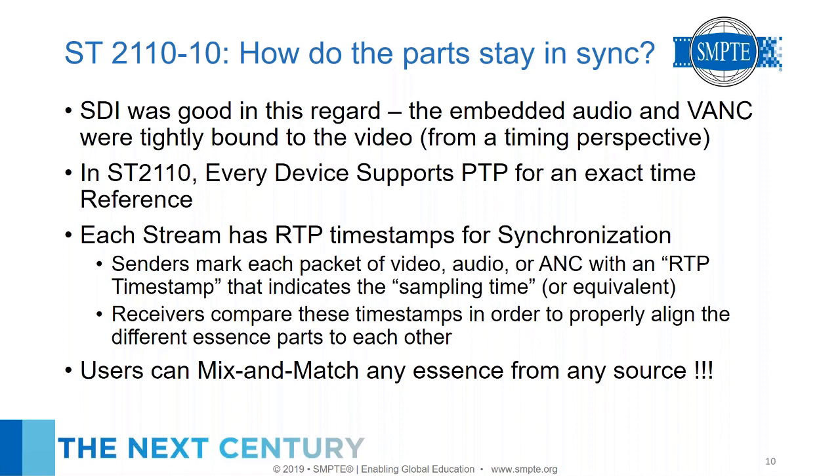So the 1 millisecond is not a processing delay. It's simply how often I send an audio packet. So 1 millisecond is the standard packet time, if you will, that's required for all devices to support.